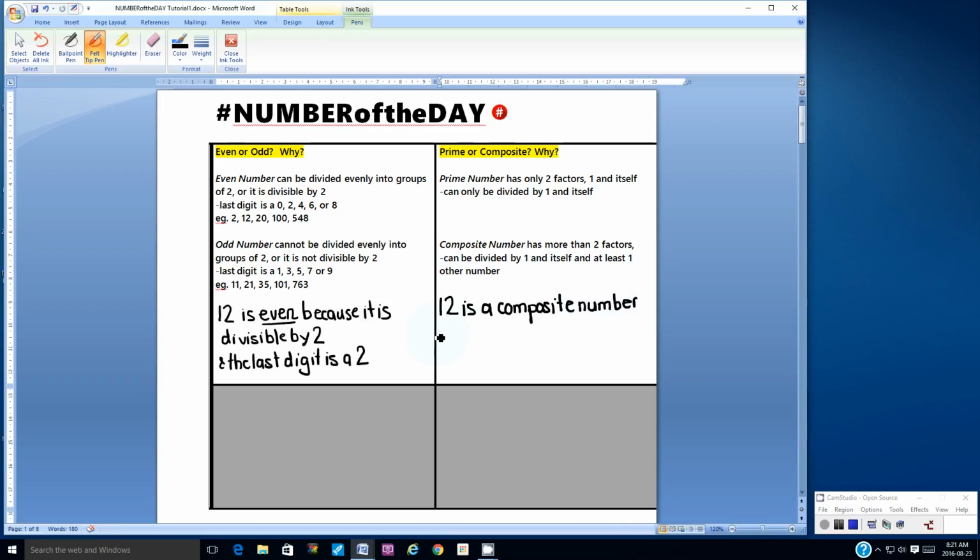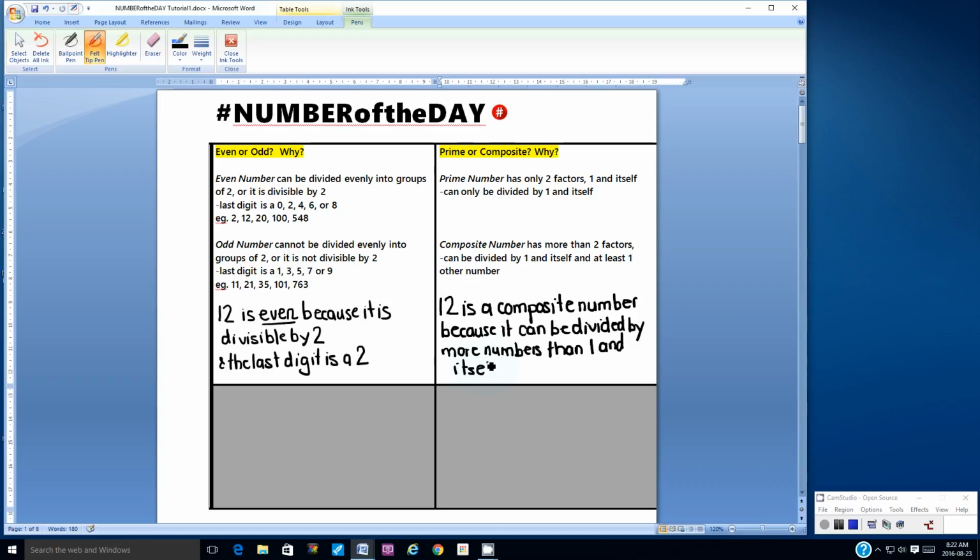And our reason is because it can be divided by more numbers than 1 and itself.